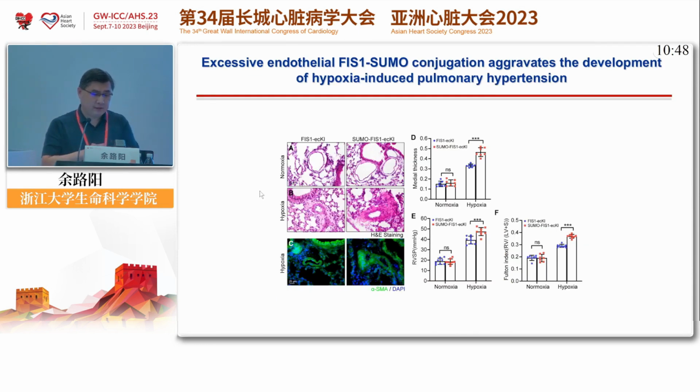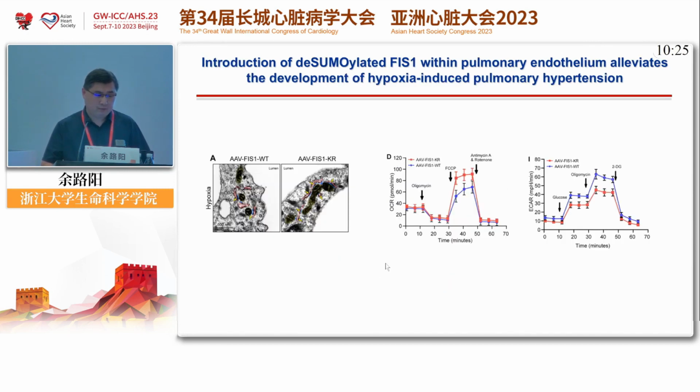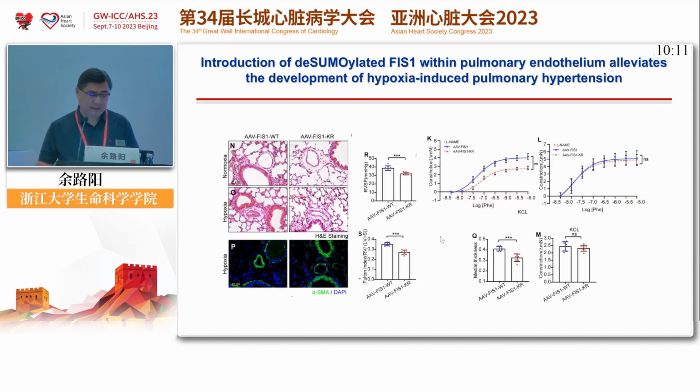Once we come back to the in vivo, once we overexpress the SUMOylated FIS1 form, it can enhance or exaggerate the PH progression, the vascular remodeling, and also disrupt the MAM formation and induce further endothelial dysfunction. And once we introduce a FIS1 mutant, that is a deSUMOylated mutant, it can preserve some of the MAM structure and maintain better cellular metabolism, and can partially inhibit the PH progression here.